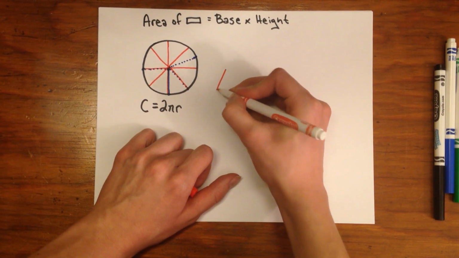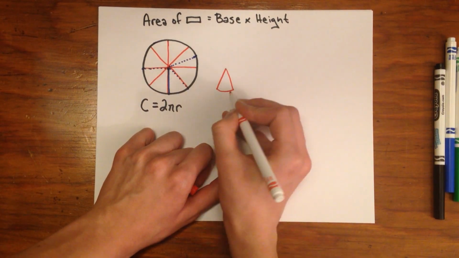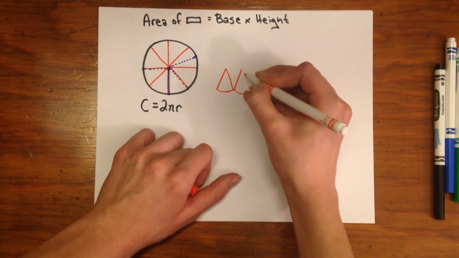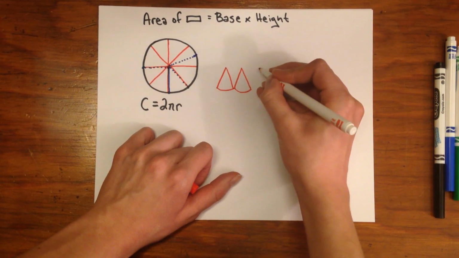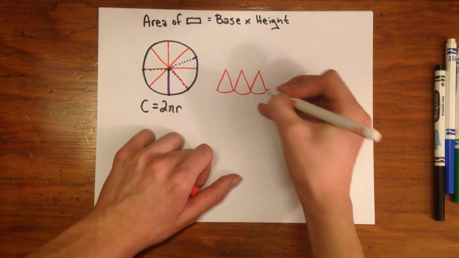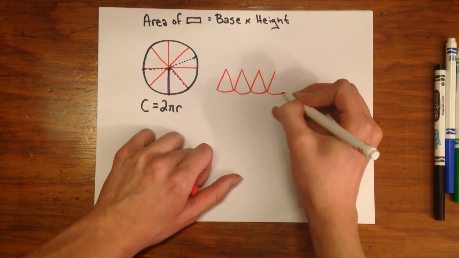And if we were to break them up, and I will try my best here with this drawing, we're going to take them and break them up, and we're going to pretend that all of these are even. I'm going to ignore my art skills here.